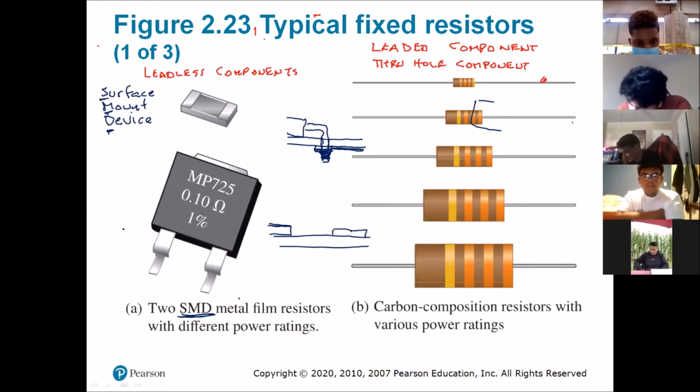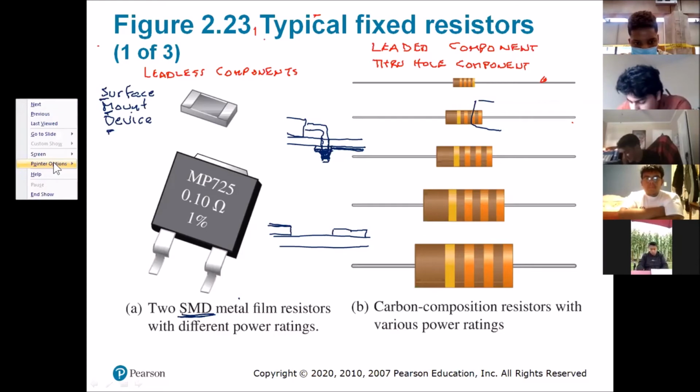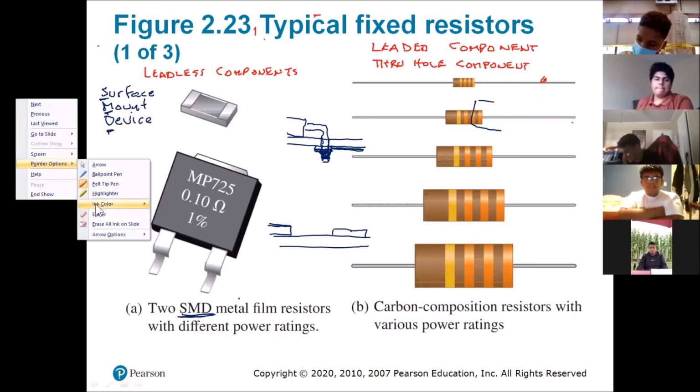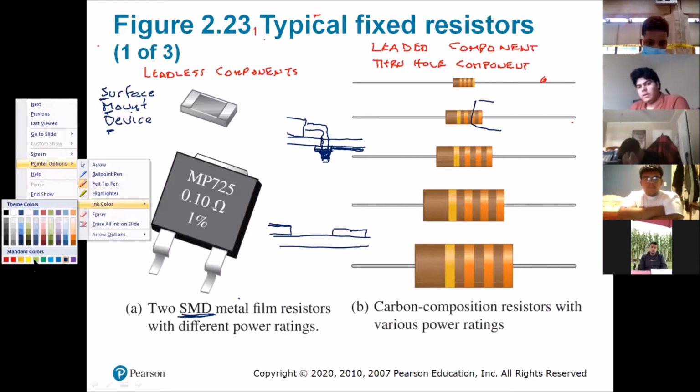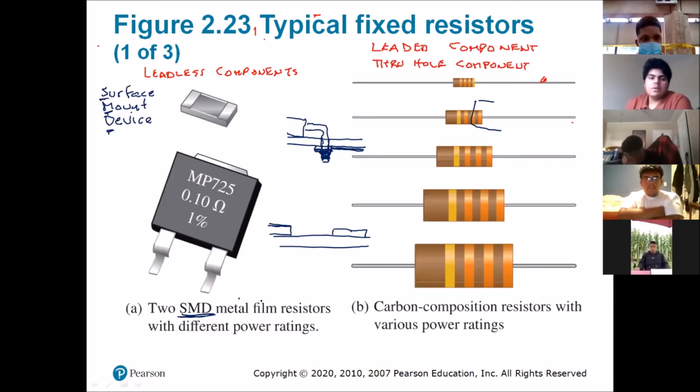And what we do is we put our component right on the board.